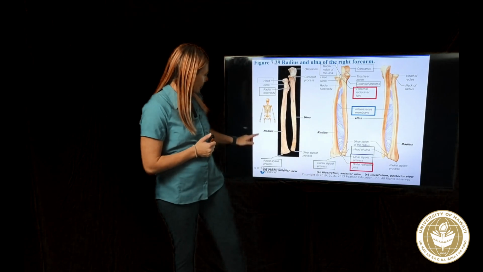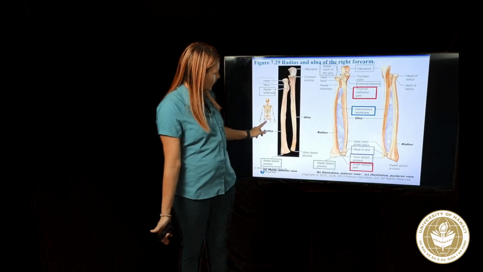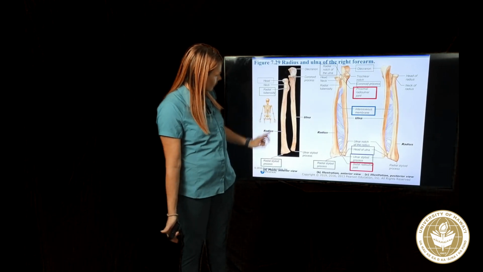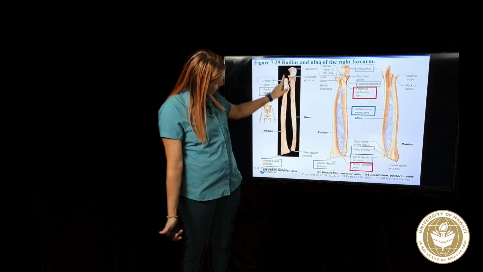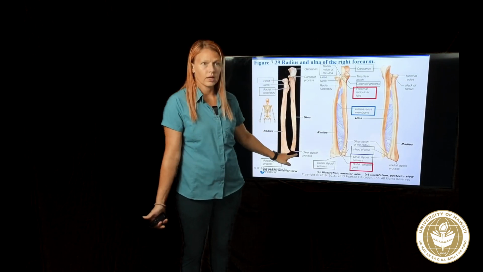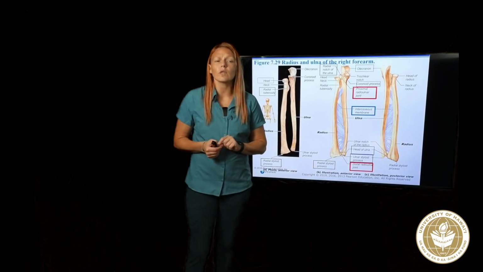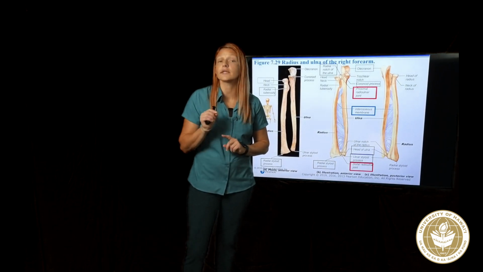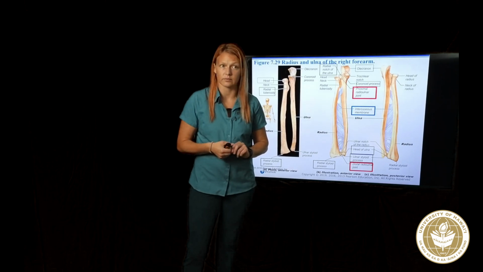So you can see right here this image of the person in anatomical position. And again, you're going to have your radius right here, ulna right here. And again, as a reminder, that ulna doesn't move. The radius is going to move as we move our hand.